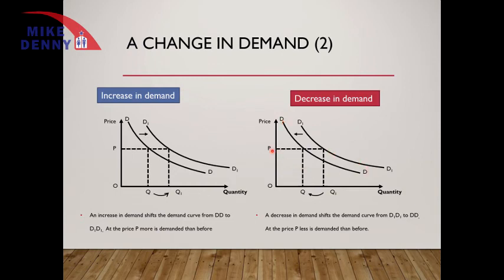At the price P, instead of Q1 being bought, the quantity bought now is Q. So you see that the quantity demanded has reduced when there is no change in price. So a decrease in demand shifts the demand curve to the left, and at the price P, less is bought than before.